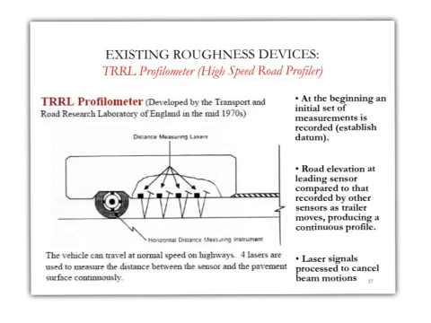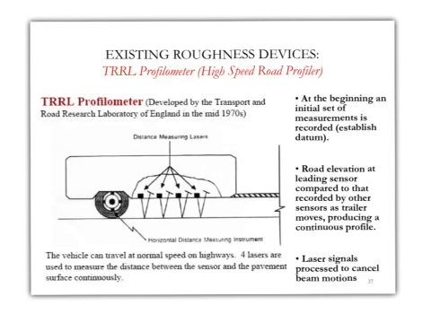As you could see here, at the beginning of the test, the device sets some initial measurements to establish some data, and then once we start using the machine, the road elevation at the leading sensor is compared to that recorded by the other sensors as the trailer moves, producing a continuous profile. Those laser signals are produced to cancel any beam motions.